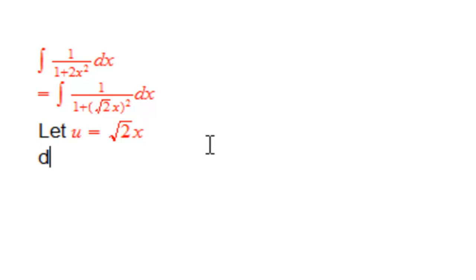Okay, that implies that du is the square root of 2 times dx. So then dx is du over the square root of 2.